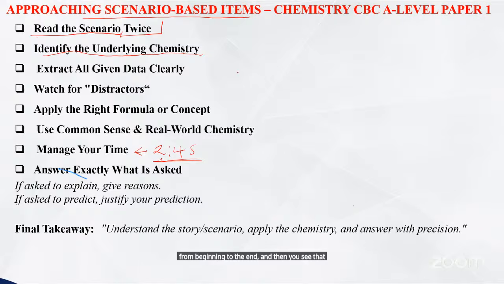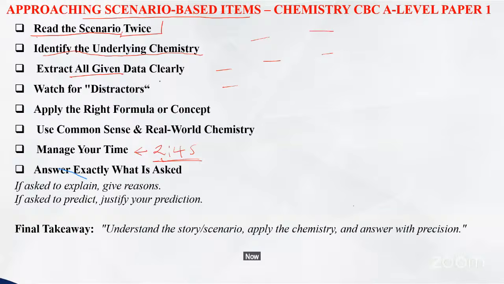What are they asking? Then you go back and identify the chemistry underlying in the scenario. Then after that, extract all the given data. Get a pencil and start underlining those key points.